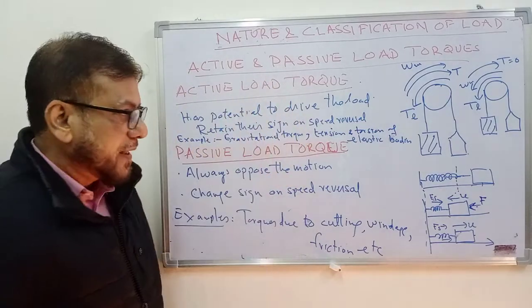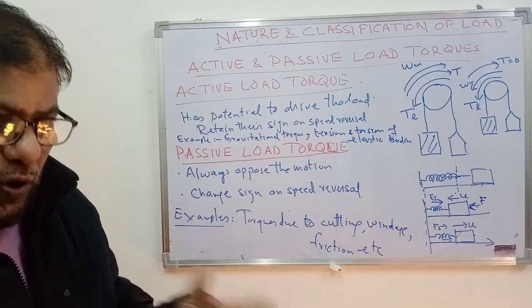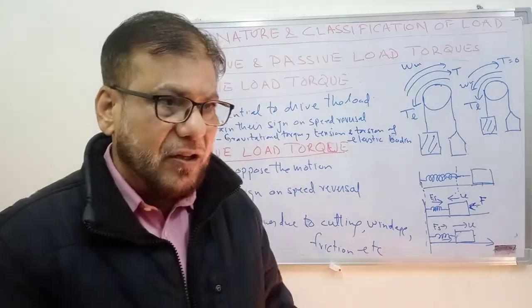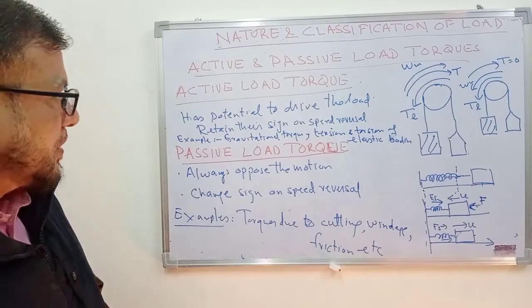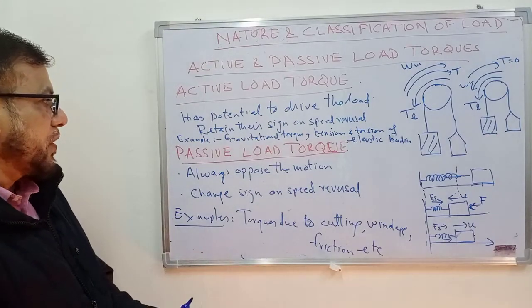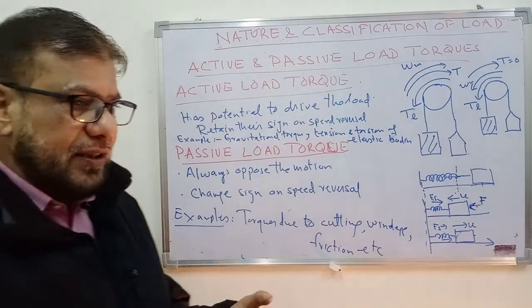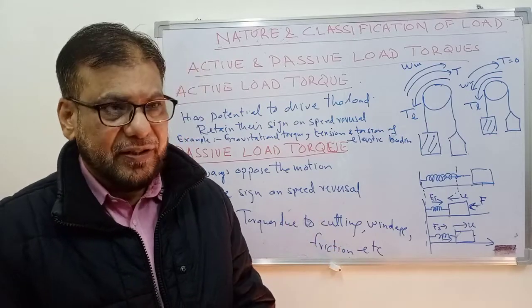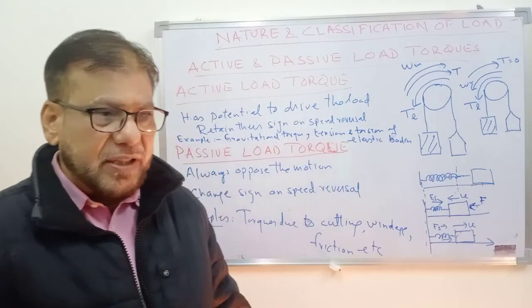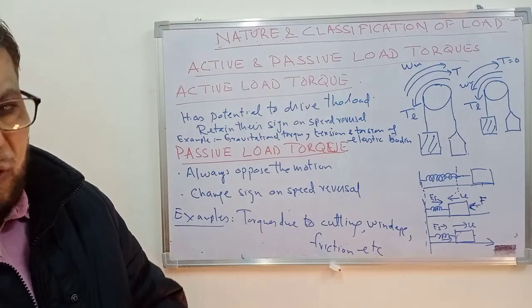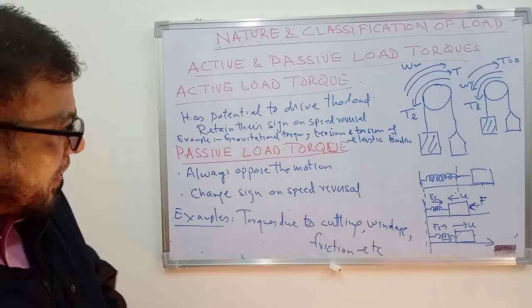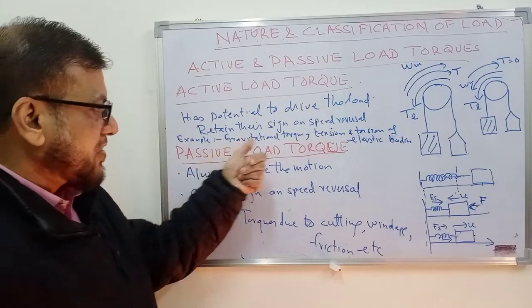Active load torque: the loads which have the capability or potential to move the motor are called active load torque. They will always have one sign, either positive or negative. They do not change their sign on speed reversal. For example, the gravitational torques.